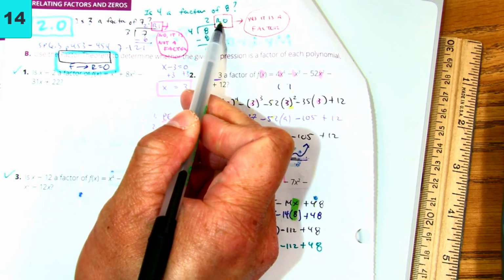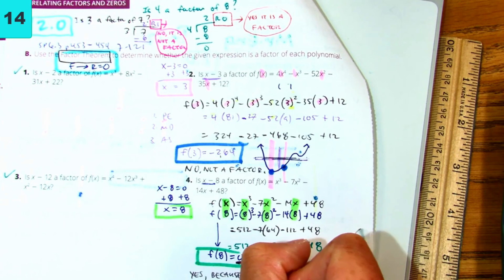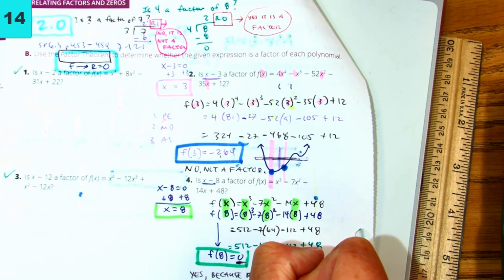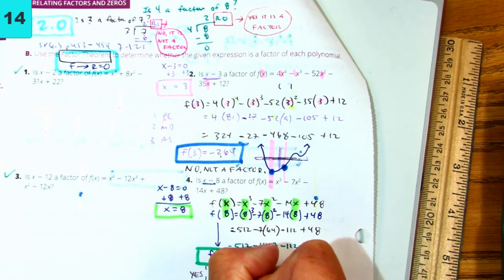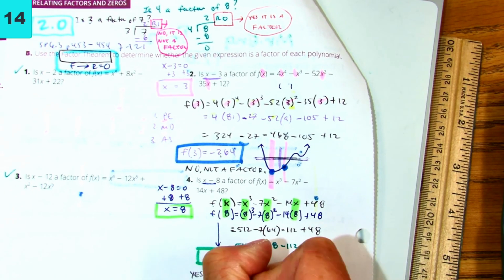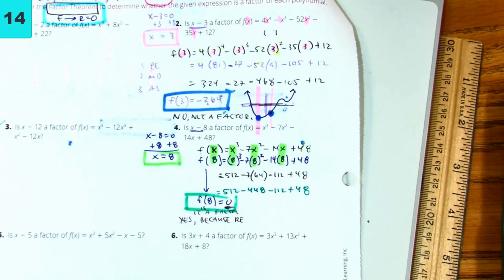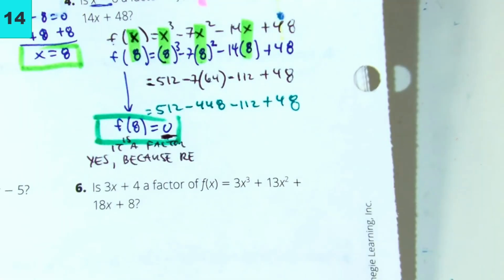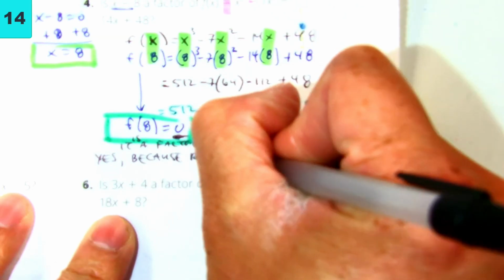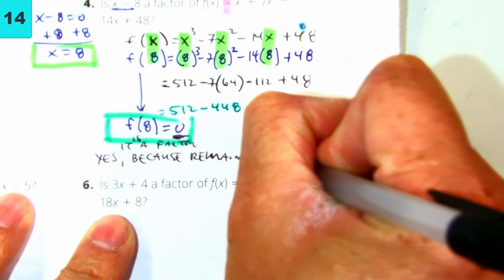Melissa, what does the R represent? Yeah, because remainder is what? So yes, it is a factor. It is a factor because the what? Because the remainder is 0.